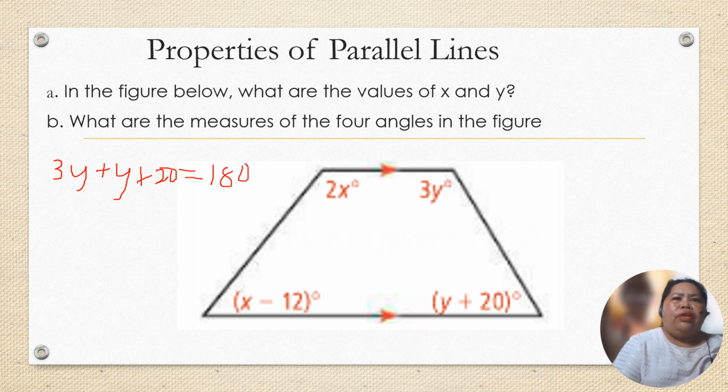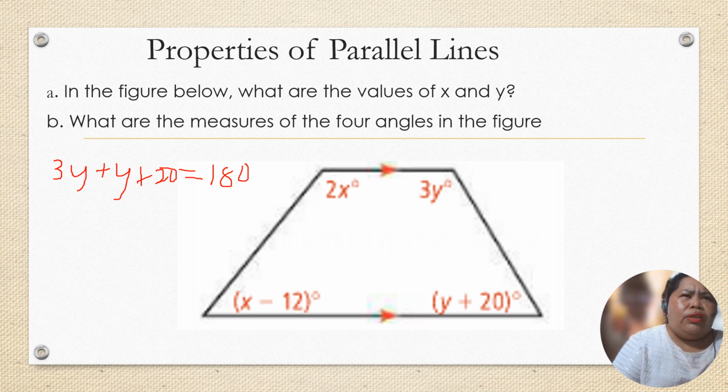Now, why 180? Because the total measure of this trapezoid, oh yes, is 360 degrees because it's a quadrilateral, no? The total measure of the angles of a quadrilateral is 360 degrees, or 180 plus 180.